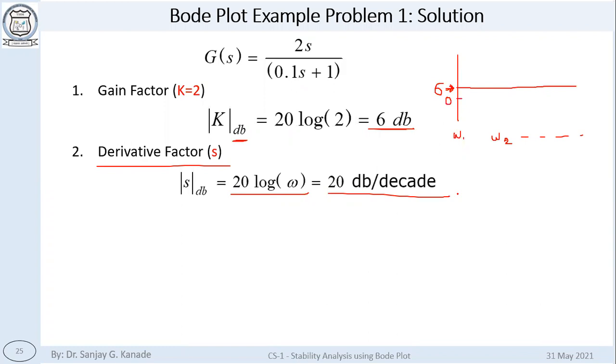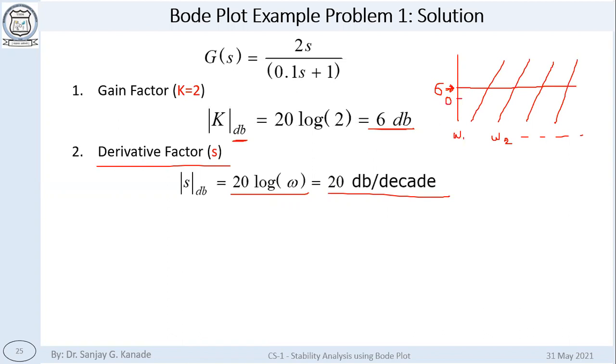Anyone can guess where we shall draw this 20 dB per decade line? Because all these lines, whatever I'm drawing, may be 20 dB per decade lines, right? Am I correct or not?